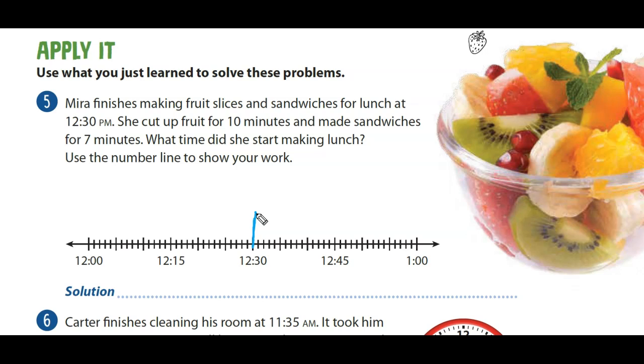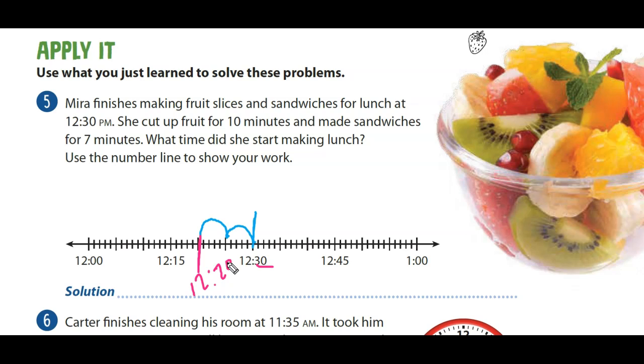So look, from here to here is 5. So it's 5, 10. What time would this be? 10 less than this, 12:20. But then it took her how many minutes to make the sandwiches? 7.